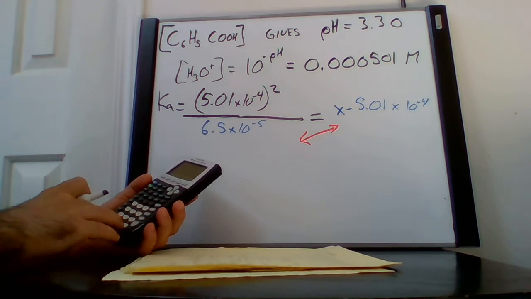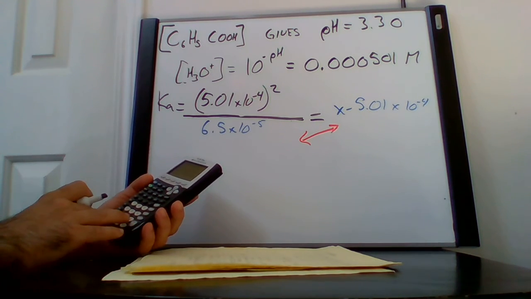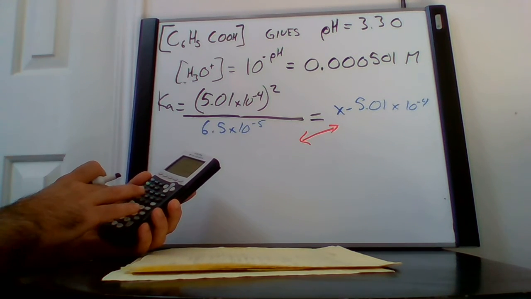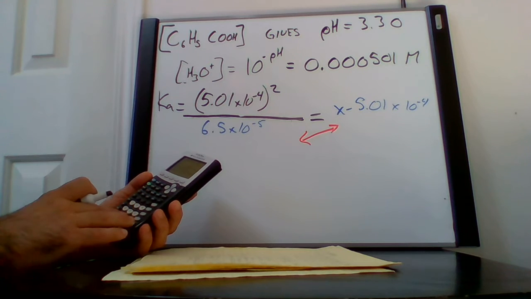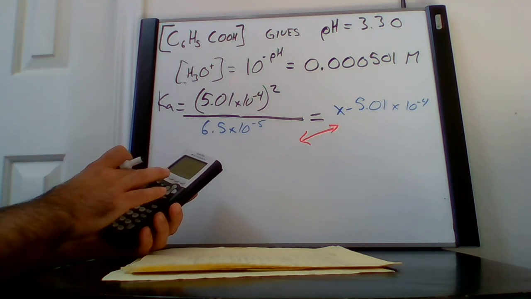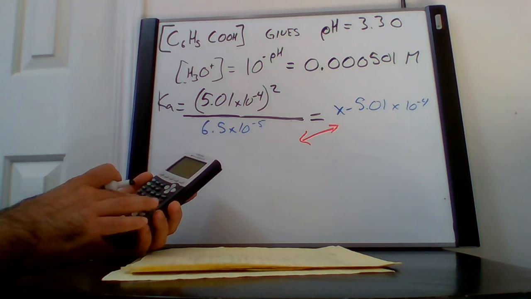So on my left-hand side, I get this 5.01 times 10 to the negative 4 squared, and then that number divided by my 6.5 times 10 to the negative 5.